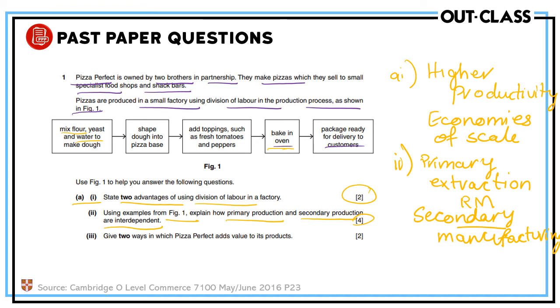Right? I hope you get this. This is the interdependence that we require these to get here, or even the fresh tomatoes and peppers are also coming from the primary sector. Third, we're not doing because this is no more a part of our syllabus.